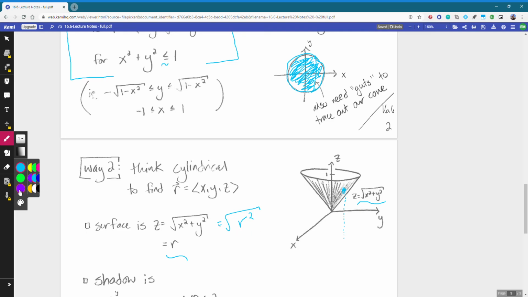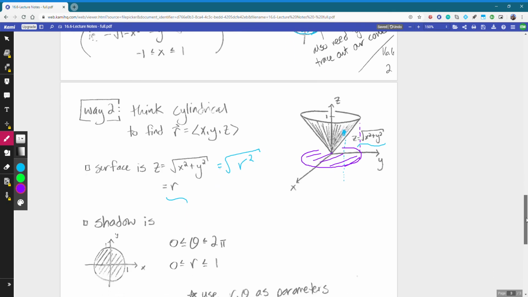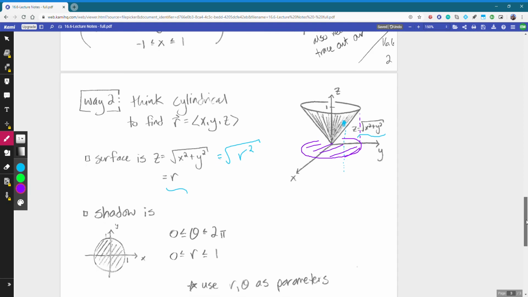All right, but then the next question is still the same. What points in the plane do we do this for? In other words, what's the shadow of our cone? And we still have the exact same shadow as we did above. We have the unit circle filled in.